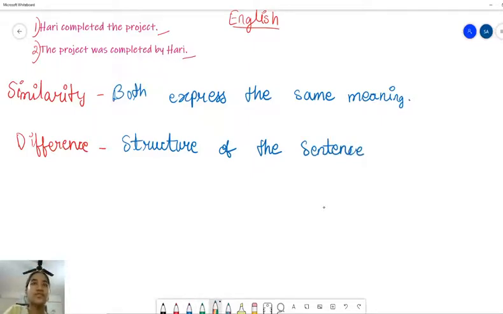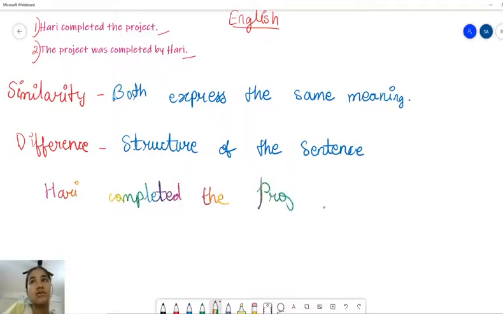Take the first sentence: Hari completed the project. Here, each of them is different.